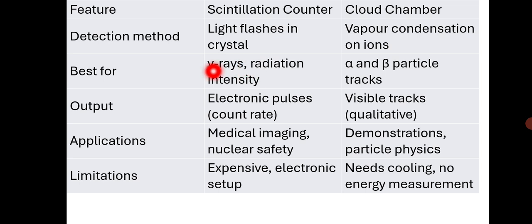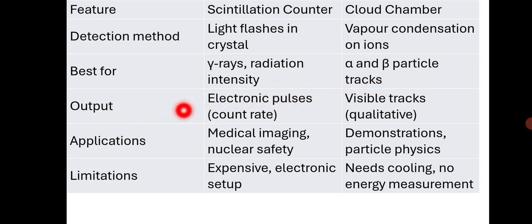The scintillation counter is best for gamma radiation intensity and is not suitable for alpha and beta detection, while the cloud chamber is suitable for alpha and beta particle tracks.